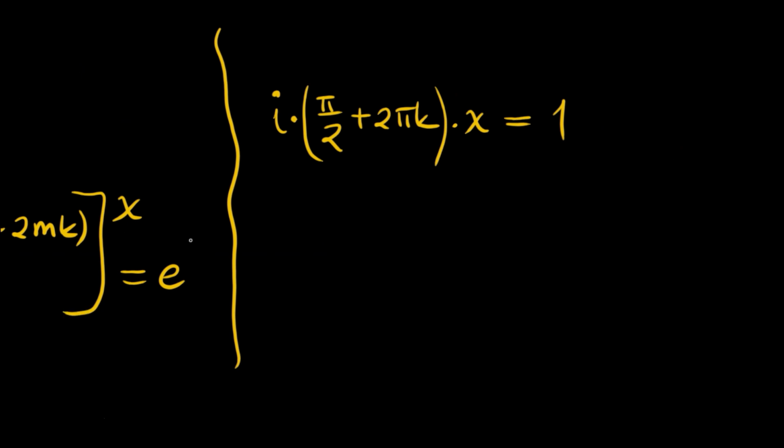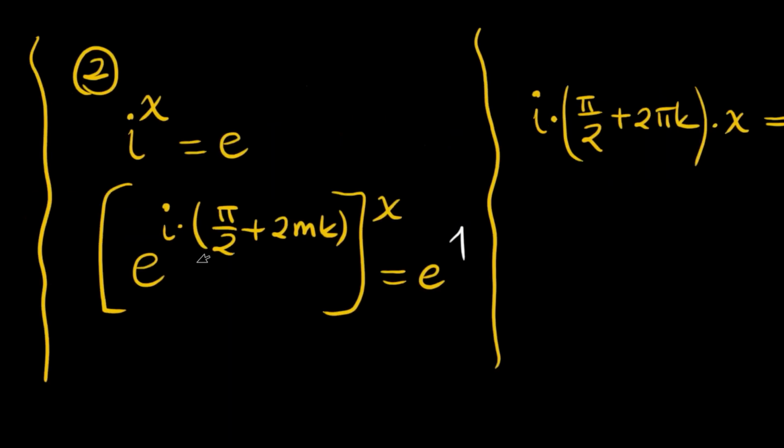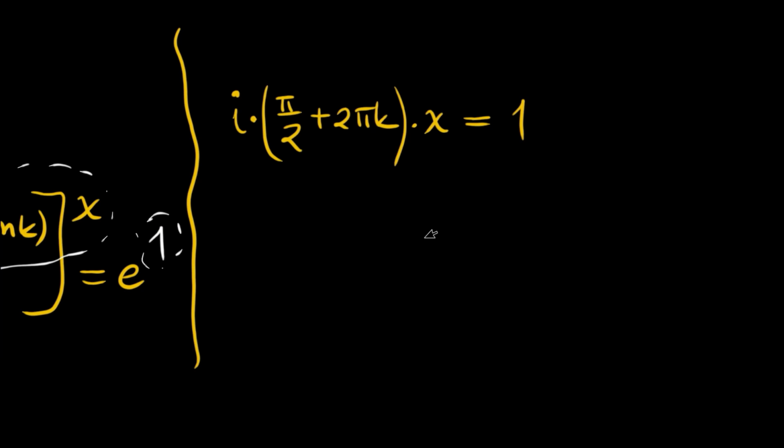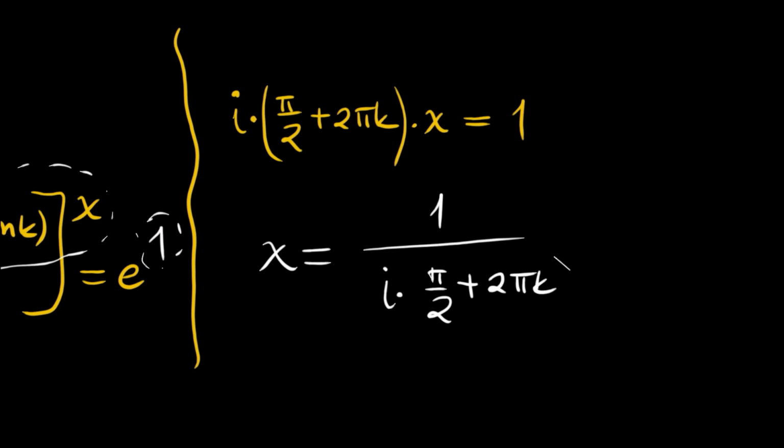So we equate the left hand side power to this one. Now, to get our x, we will divide both sides by this expression here. So x becomes 1 over i times pi over 2 plus 2 pi k.